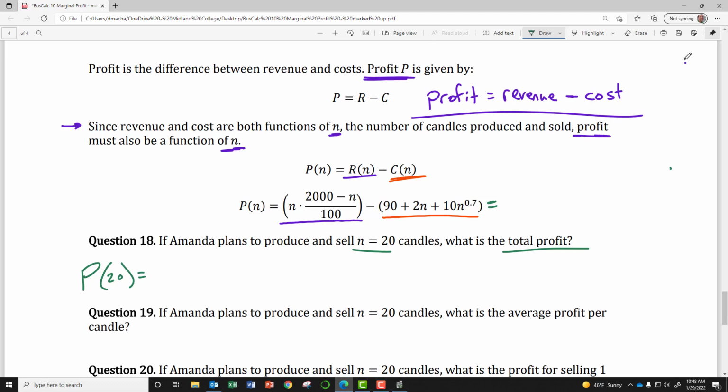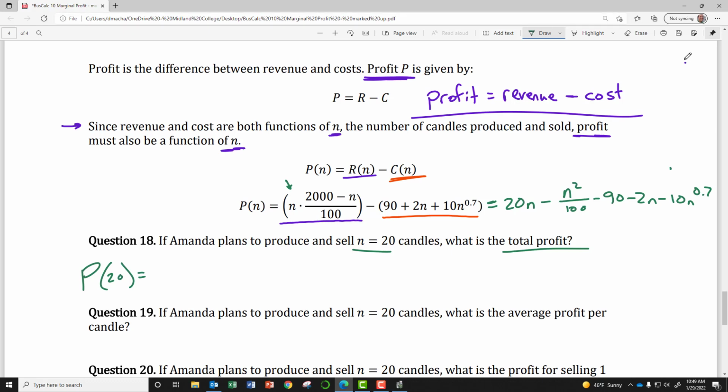So over here, I'm going to have 2,000 divided by 100 times n. So that's going to be 20n. And then minus n times n over 100 is going to be minus n squared over 100. Then we have minus 90 when I distribute that minus sign inside the parentheses, minus 2n when I distribute the minus sign, and then minus 10 times n to the power 0.7 when I distribute the minus sign again.